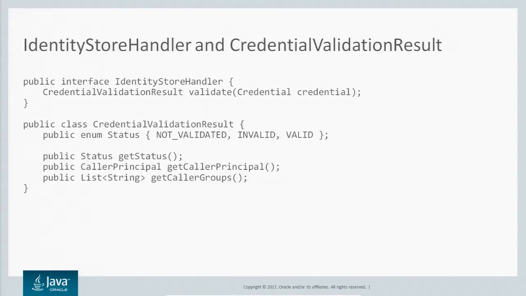The result that's returned has a status, which is either valid, meaning that the credentials were validated, invalid, meaning that somebody tried to validate them, but they weren't valid, and not validated, meaning that there wasn't an identity store handler or an identity store that was willing to handle the credential or was successfully able to. So you get a status back. In the success case, the valid case, you also get the caller principal back, and you get the caller groups, if any.